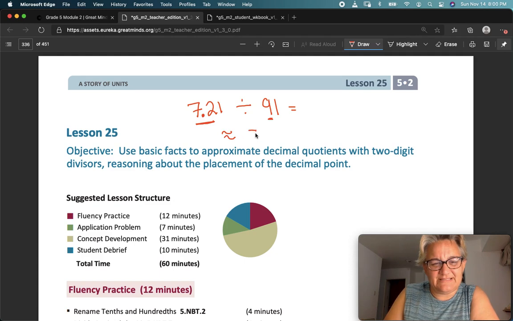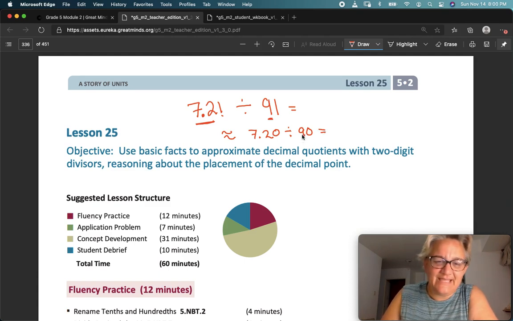I'm going to call this 7 2/10, or 720 hundredths, divided by 90. I'm just rounding down to the nearest hundredth, rounding down to the nearest one. Then I know that 9 goes into 72 8 times, so I know that 8 is going to be in there somewhere. Now the zeros are going to cancel out, but only on the right side.